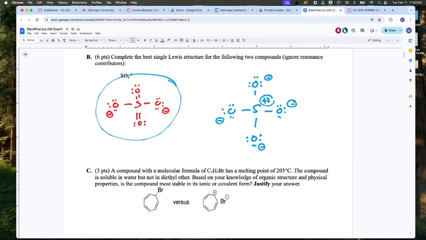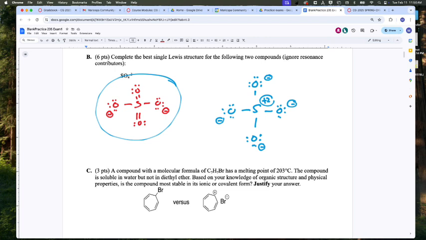And when we draw out a Lewis structure, octet is first and foremost our primary goal. The next goal is to minimize charge. In this system, I've got a whole heck of a lot of charge that if I shift some electrons around, I can minimize.